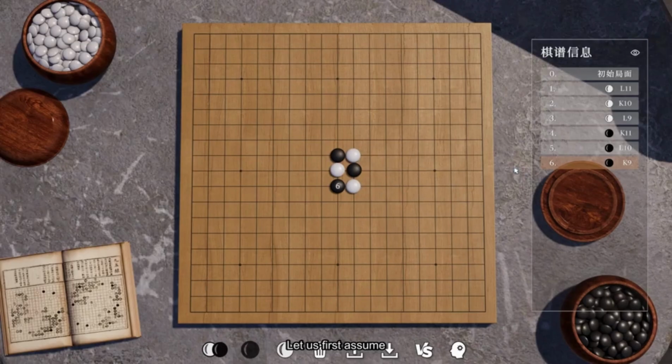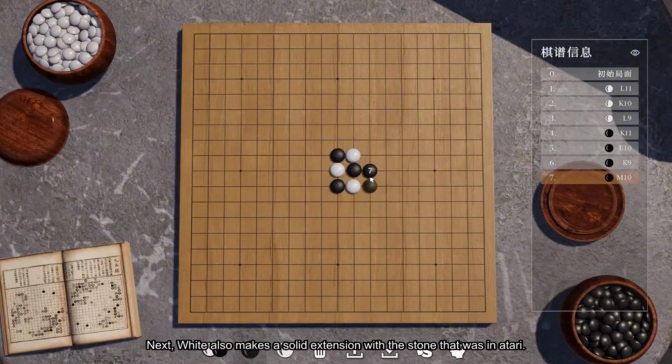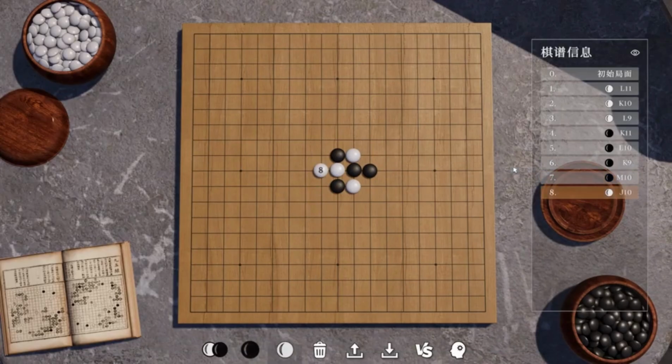Let us first assume black chooses to make a solid extension with the stone that was in Atari. Next, white also makes a solid extension with its stone that was in Atari. So it appears that both sides' stones have achieved safety.